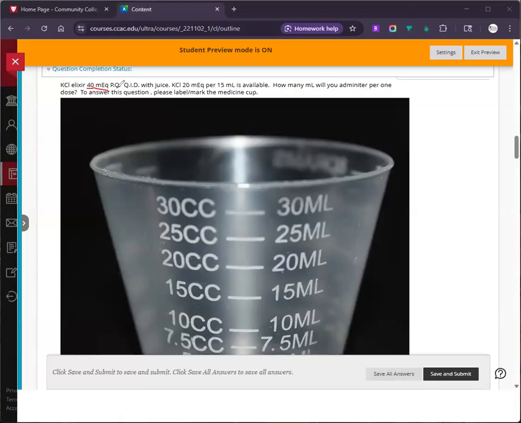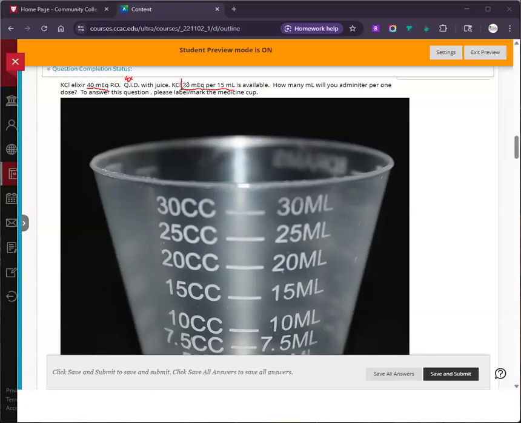You know that PO means by mouth. You may know that QID means 4 times a day, but if you don't, that's what it means. So we'll just say 4 times, with juice. What we have available is potassium chloride 20 milliequivalents per 15 ml.